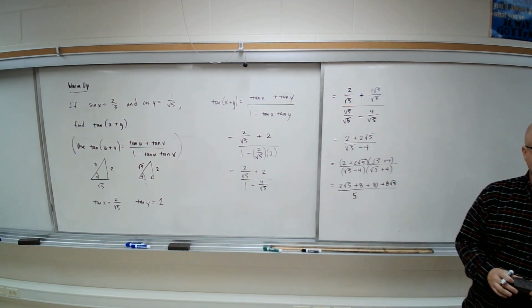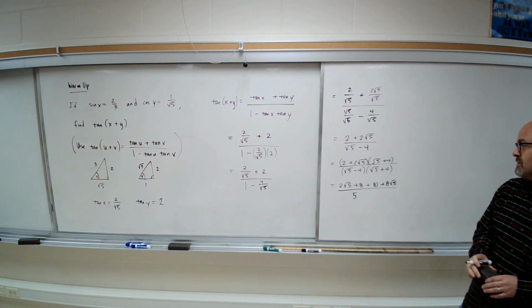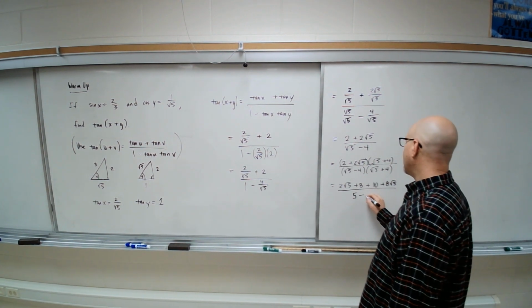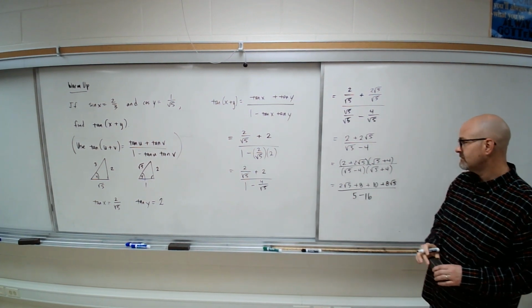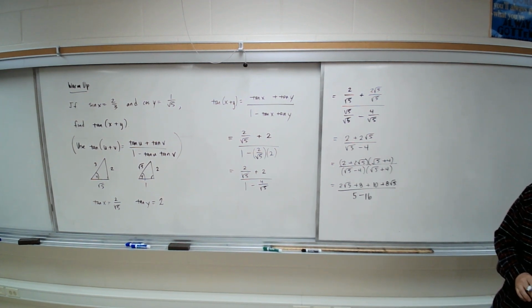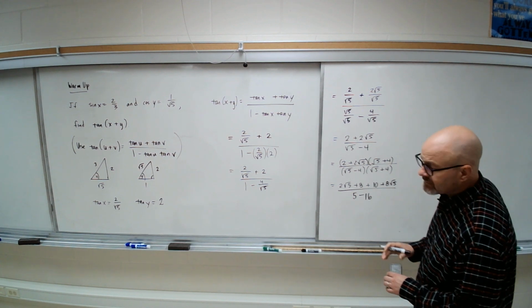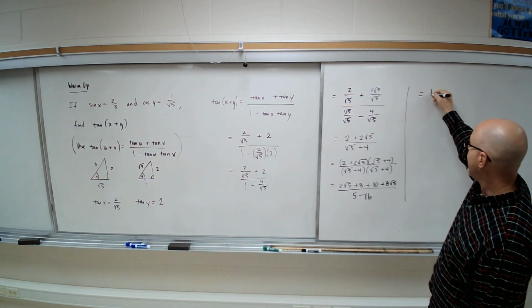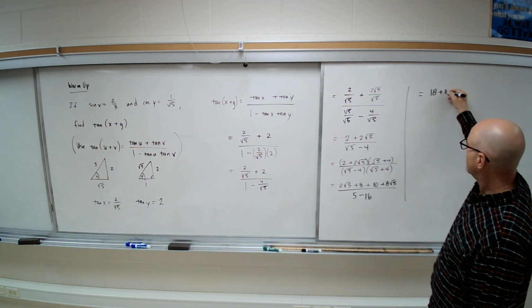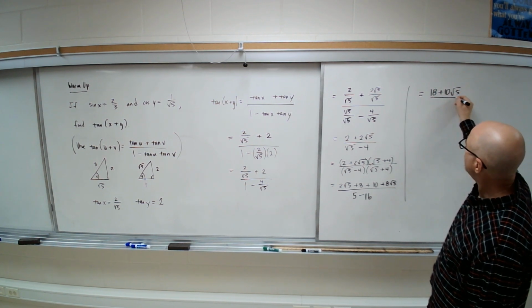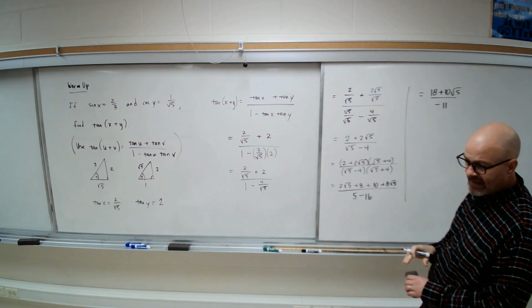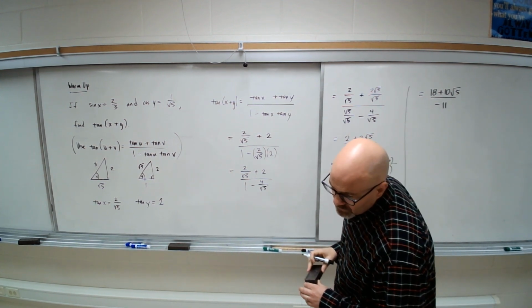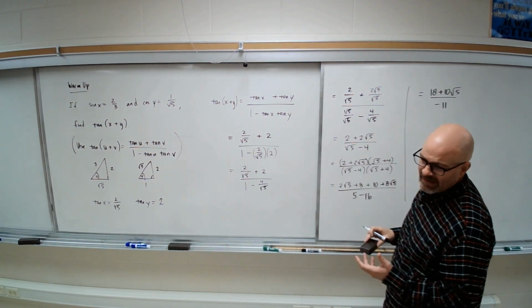We know the middle terms cancel out because we have a difference of two squares. So it's going to be minus 16. And then once we've done that, we can simplify. So we will get 18 plus 10 radical 5 over negative 11, which is okay.